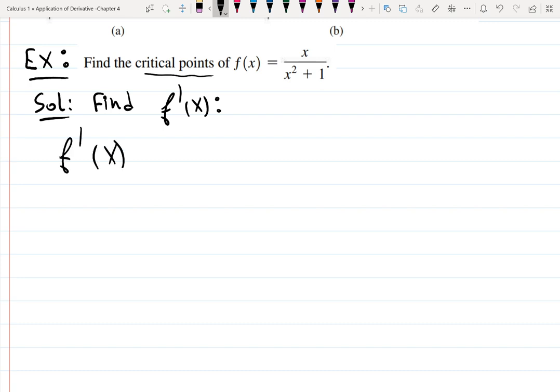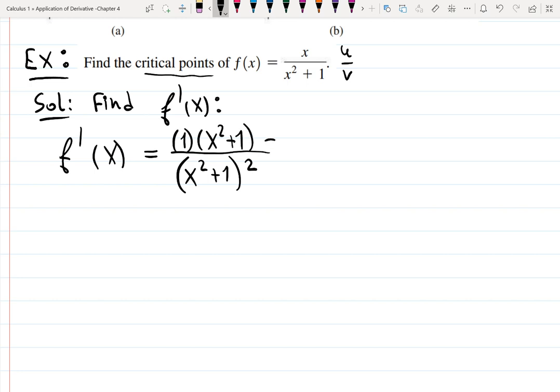F prime of this function: I will have to use the quotient rule, right? u over v. The derivative of this function is the square of the denominator. I always start with this part, not to forget it at the end. Differentiate the top, that's 1, copy the bottom, x squared plus 1, minus, copy the top, differentiate the bottom. Hopefully you already know how to do it fast.